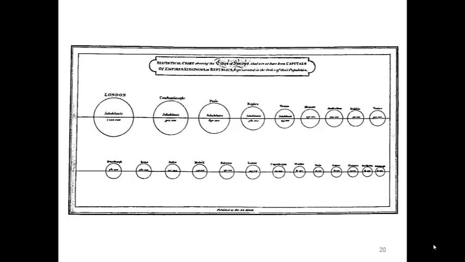We've got cities of Europe that are or have been capitals of empires, kingdoms or republics, represented in the order of their population. So here we've got circles that show the population sizes of these different cities in Europe in about 1800-ish, I think.